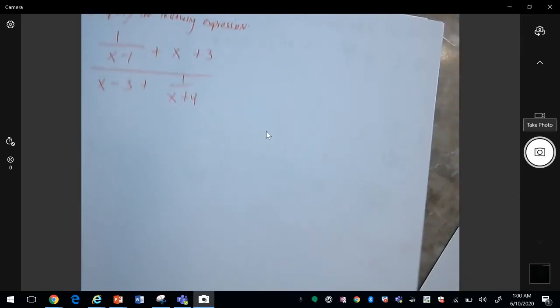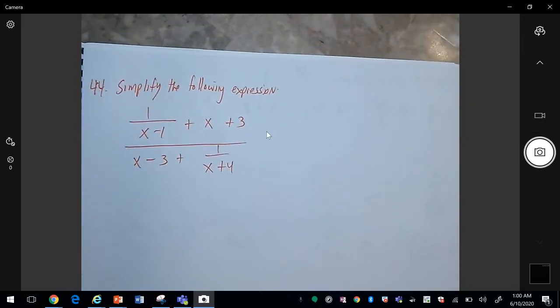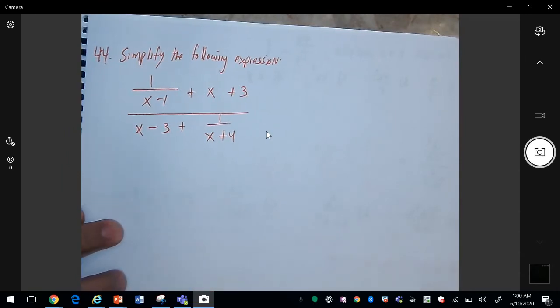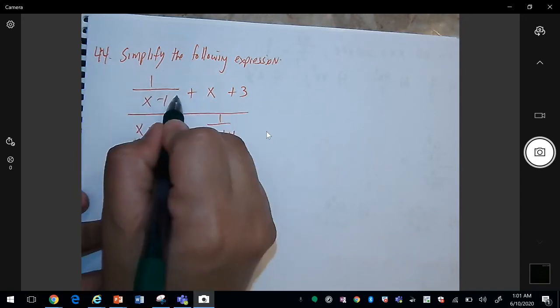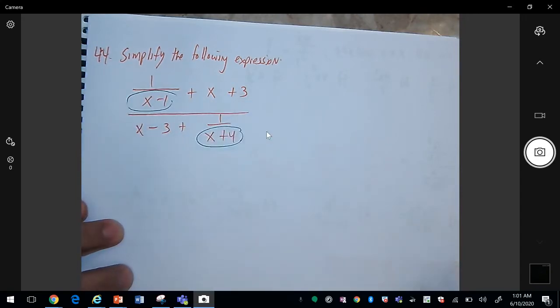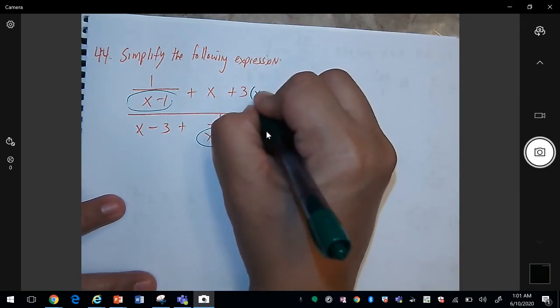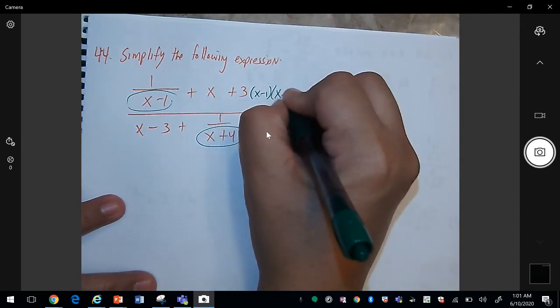Skip problem number 44, so let me come back to work this one out. So here we can see that the common denominator, or not the common denominator, but the denominators are x minus 1 and x plus 4. So we're going to multiply everything by x minus 1 times x plus 4.